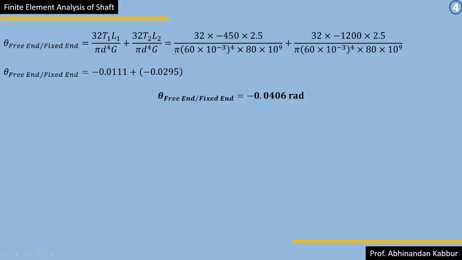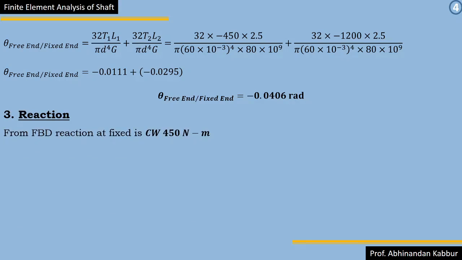Therefore, when I substitute T2 L2, I'll get the twist in the first portion as minus 0.0111, and here minus 0.0295. After adding these two, it is minus 0.0406 radians. So that is my total twist in the shaft at the free end with respect to the fixed end. Then I need to calculate the reaction. We already calculated the reaction from the free body diagram.